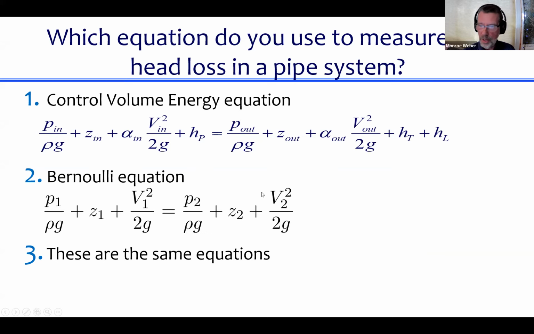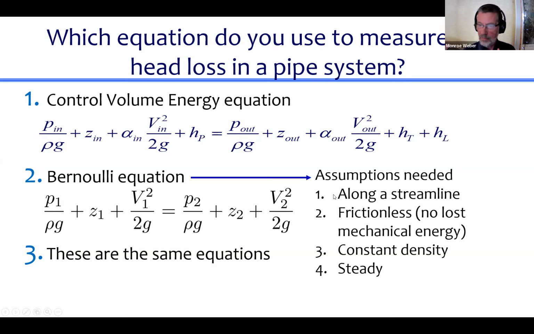Then there's the Bernoulli equation, and goodness, if you look at those terms, it's like, what's the difference? They've got the same terms in it. So you could justifiably ask, why is Monroe drilling this one? Why does this one matter? Because they are so similar, except that there are some really big differences. So they are not the same equation.